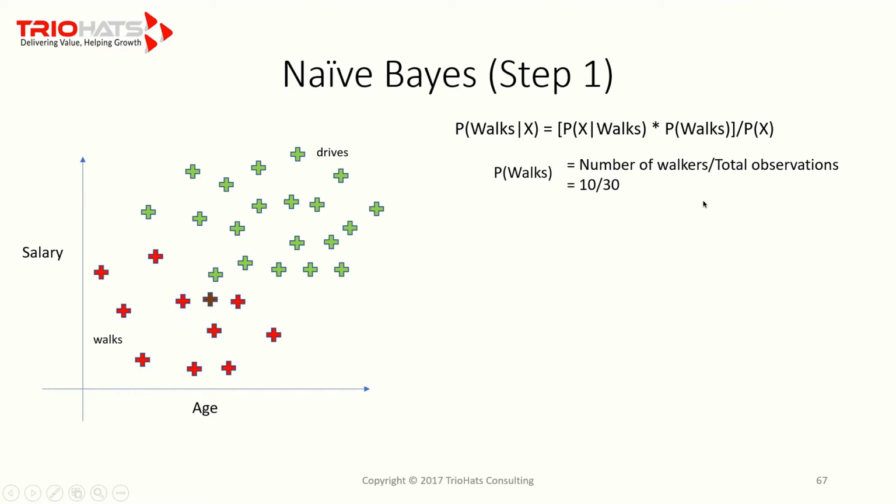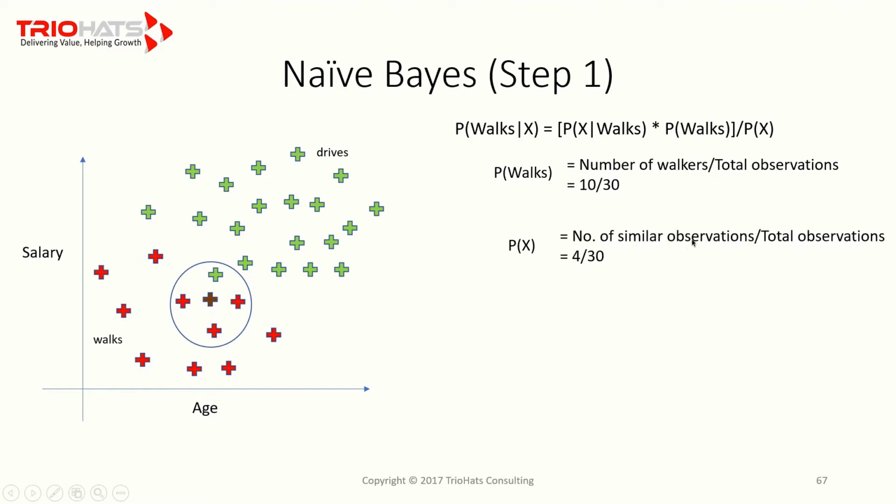So the number of walkers is 10, and the number of total observations, that is the total people, is 30, right? So the value is 10 by 30. The next is x. x is this circle, or x is the area. You can think of it as an area where the nearest points to the new data point are taken into consideration.